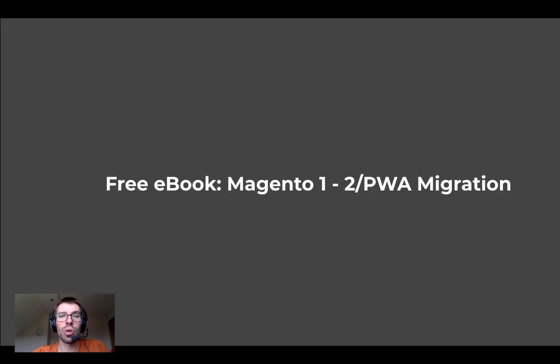And the last topic for today, the free ebook that was just launched. This ebook provides more information and some really useful insights on migration from Magento 1 to Magento 2 plus PWA.